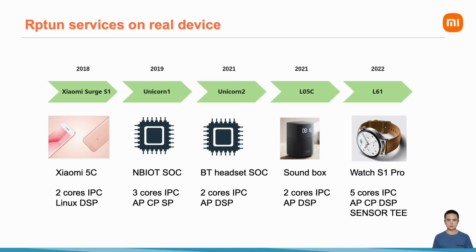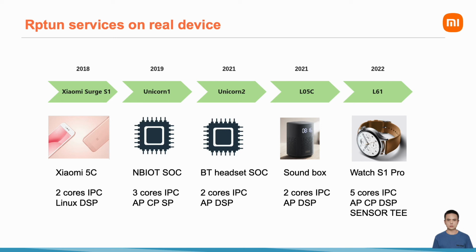Here comes the history of Rptun service. Earlier in 2018, the Xiaomi 5C had 2 cores IPC, Linux and DSP. In 2019, the Unicorn 1 NB-IoT SoC had 3 cores IPC: application processor, communication processor, and security processor.